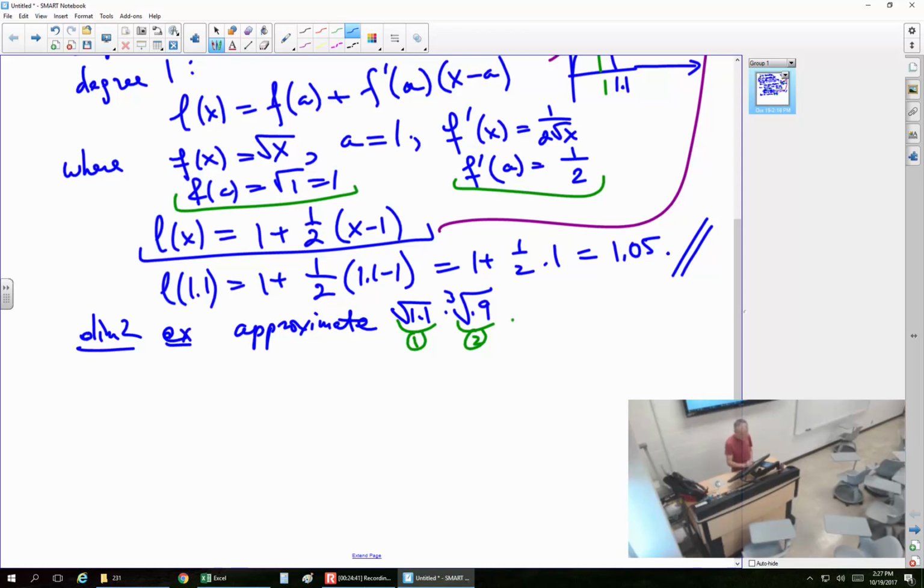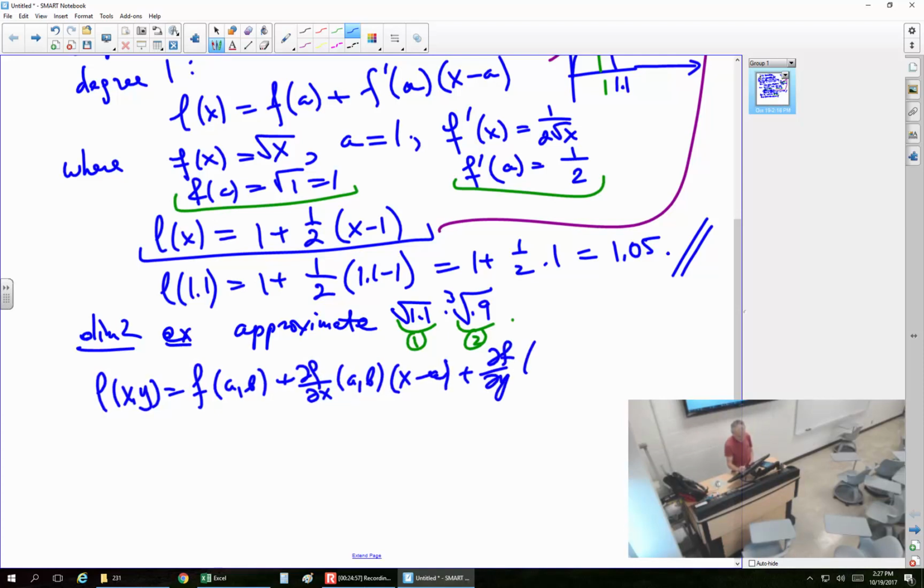Our linear approximation is L of x,y is f of a,b plus the partial derivative df/dx at a,b times x minus a, plus df/dy times y minus b. Okay, with f of x,y our function, so it will be square root of x cubic root of y.